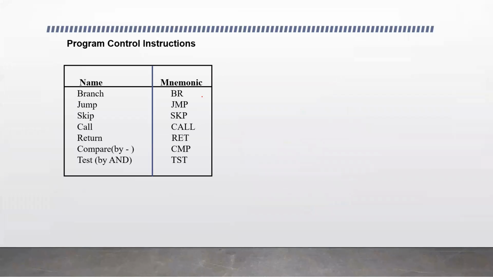We have seen these instructions: branch, jump, and skip, and then compare and test for setting the status conditions. And now about call and return. As I told you, call and return instructions are used with subroutines. Call is to call a subroutine. A subroutine is a subprogram, right?